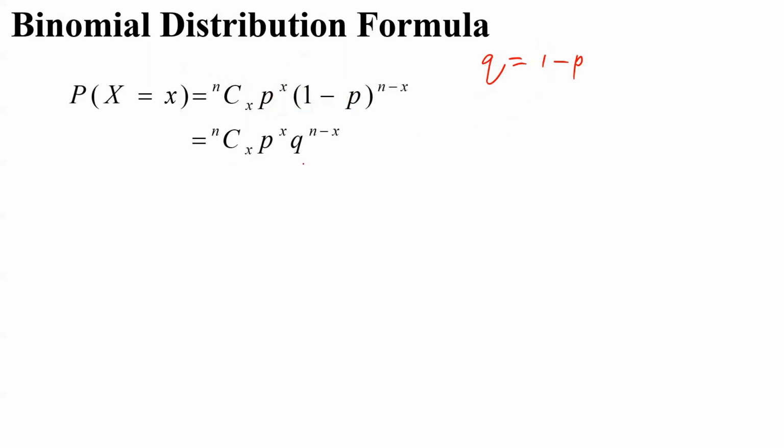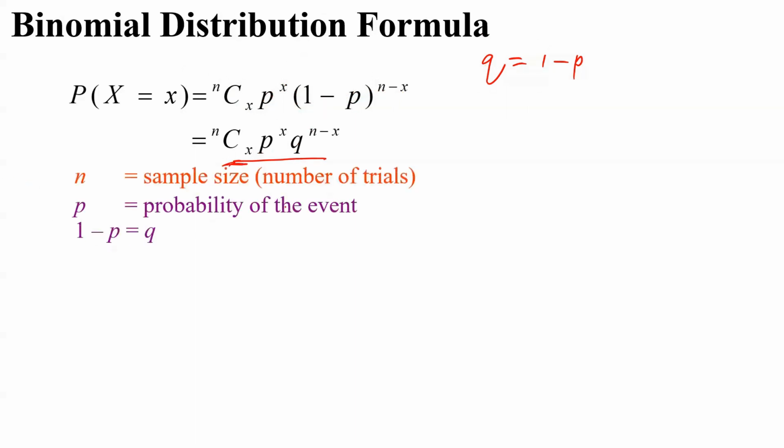So it is (1 minus p) to the power of n minus x. The formula can also be written in other forms. This is the explanation for each of the variables given in the formula.